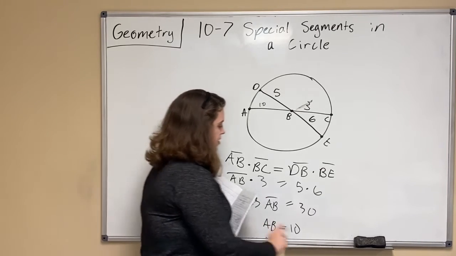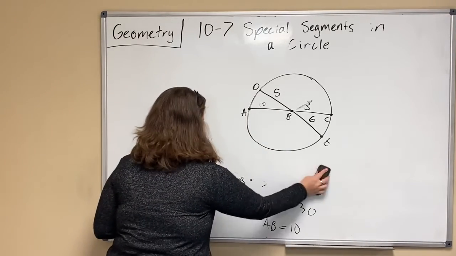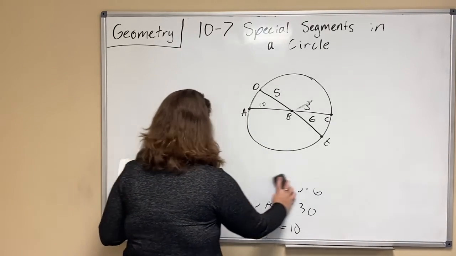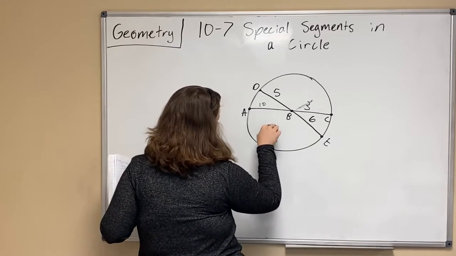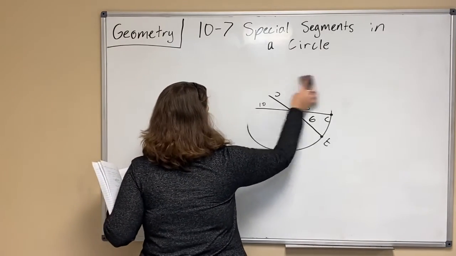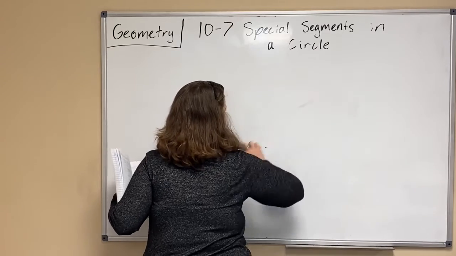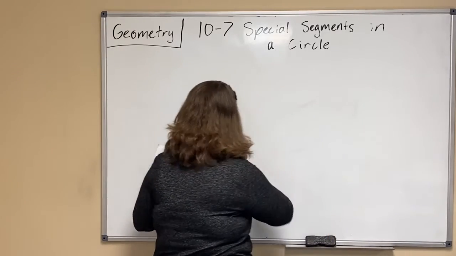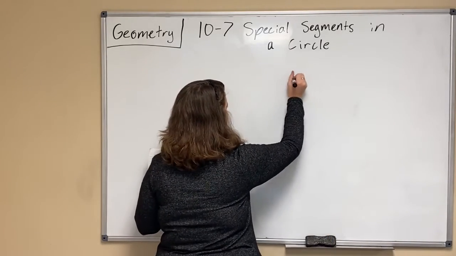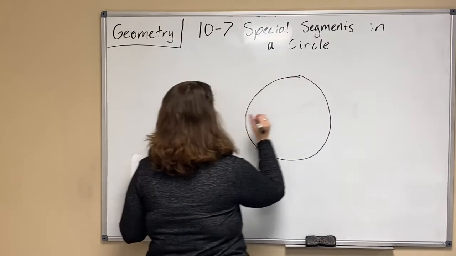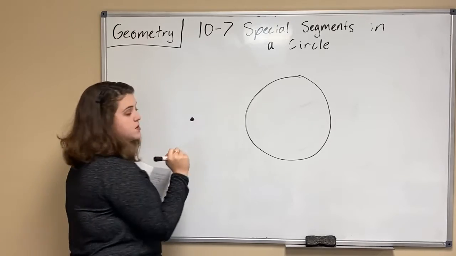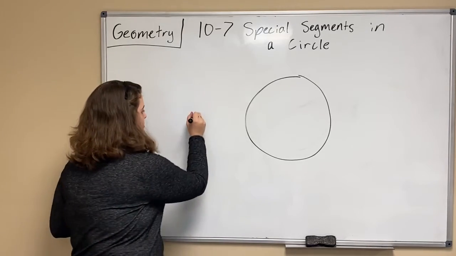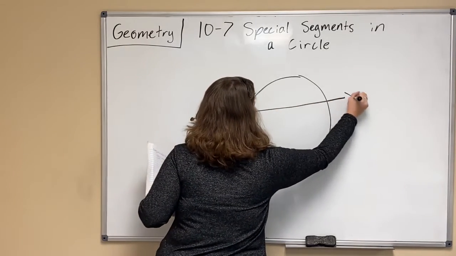The next thing we're going to talk about today is what happens when two secants intersect outside the circle. So this is two chords intersecting inside the circle. What happens to its segments? What if I have two secants intersecting outside the circle? If you remember what a secant is, secants also go through the circle.